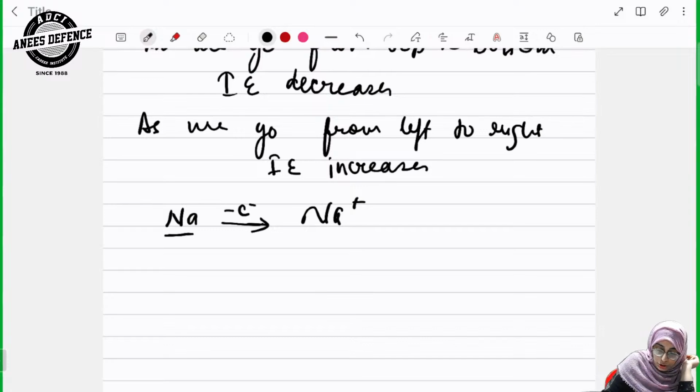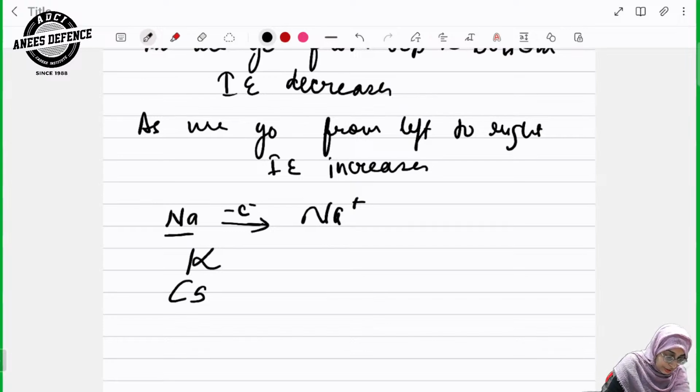Now we'll see one example. This is potassium and this is cesium. Which will have more ionization energy here? We'll take these two as an example.